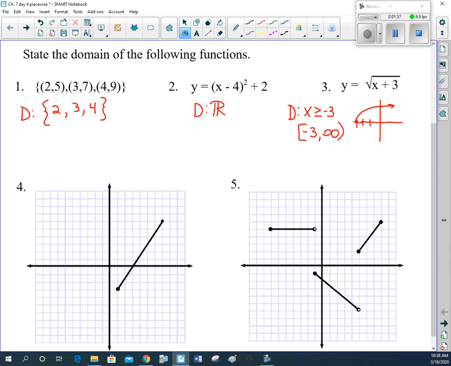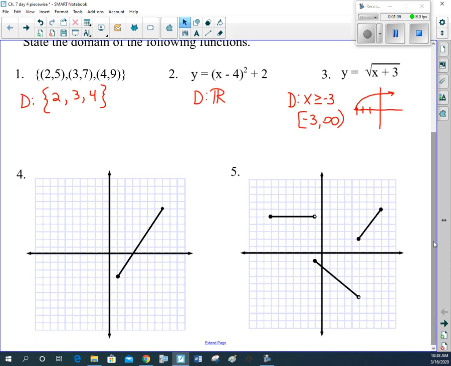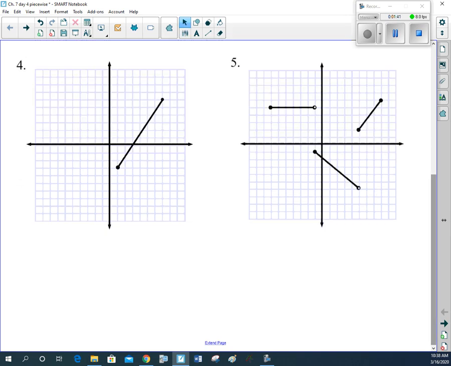Okay, down here I've got some graphs. So this one on the top left is not a line, it's a line segment. It falls between these 2 boundary lines here. So that means the domain of this one is between 1 and 7.